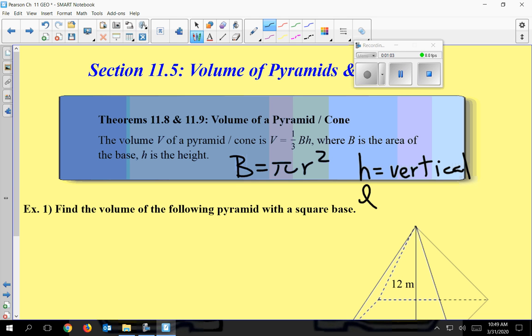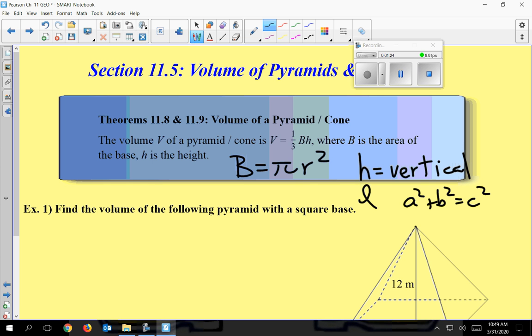Remember, that's the slanted height up a cone or a pyramid. In those cases, if they give me the lateral height, I'm going to have to use Pythagorean theorem to get a vertical height, and that will help me get what I need for these.